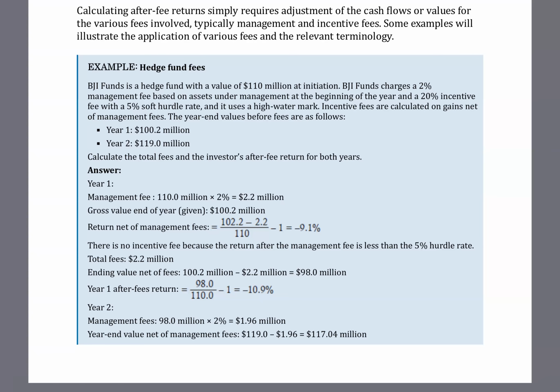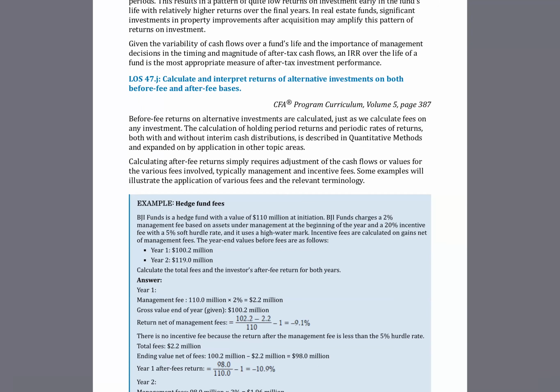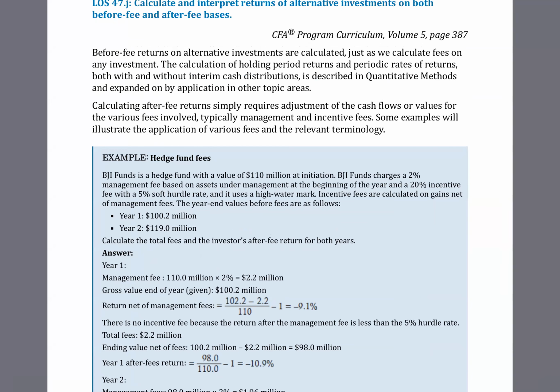Okay, so what we are saying is that if I take the return net of management fee, I'm trying to figure out where they got the 9.1 because it should be 10.9 thereabouts. Just a moment. Management fee is 110.